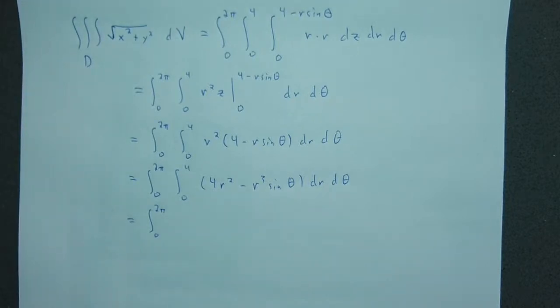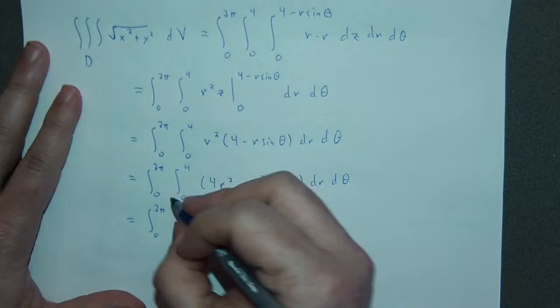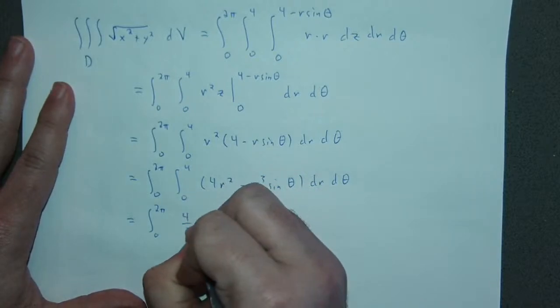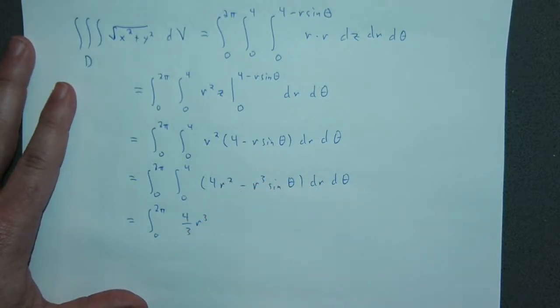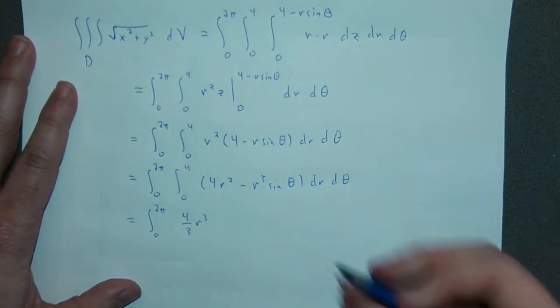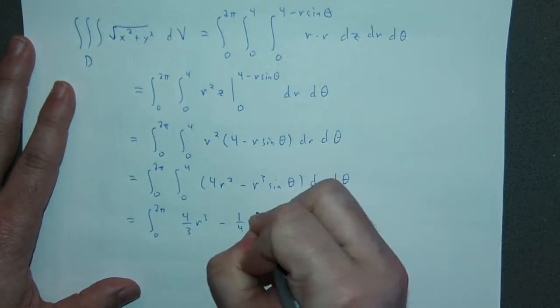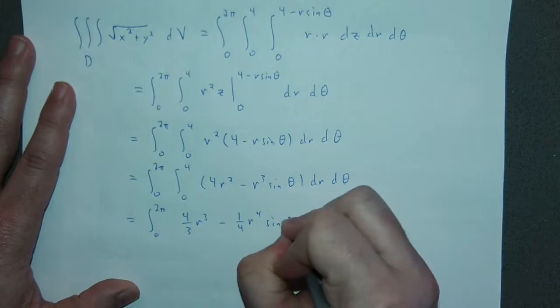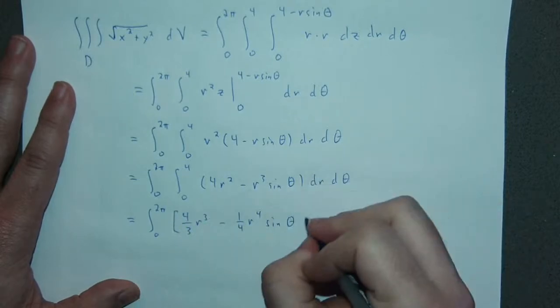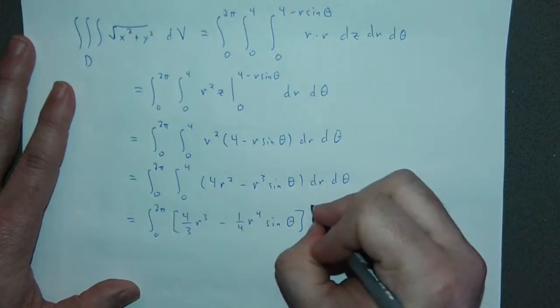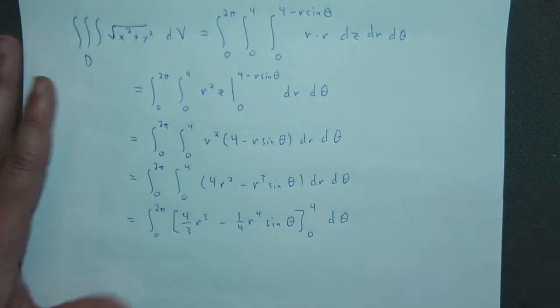This is 4/3 r cubed, right? So 4/3 r cubed minus, what's the integral of r cubed sine theta? Well, I'm treating sine theta as a constant here, so this is minus 1/4 r to the 4th sine theta, and I'm evaluating this entire expression from 0 to 4 d theta.